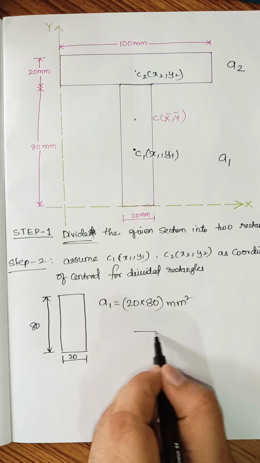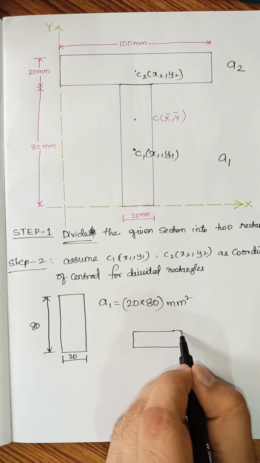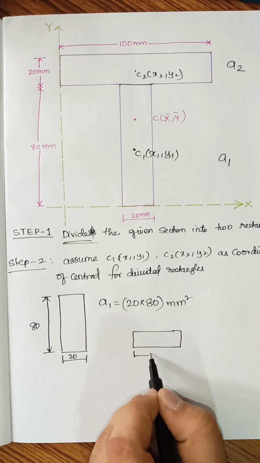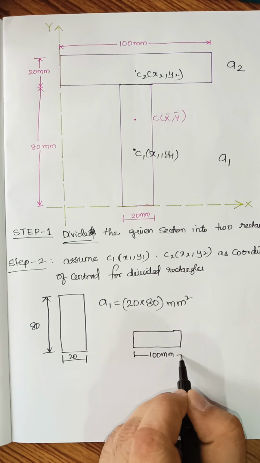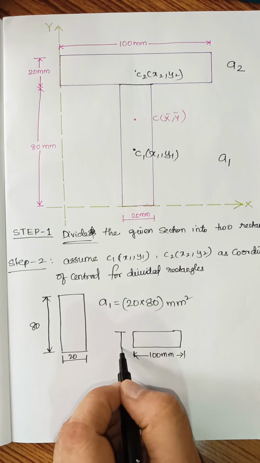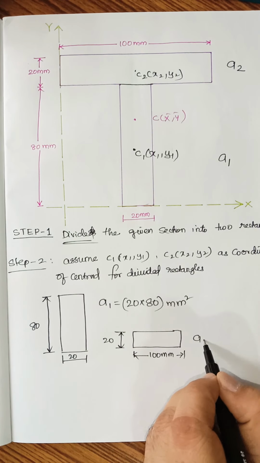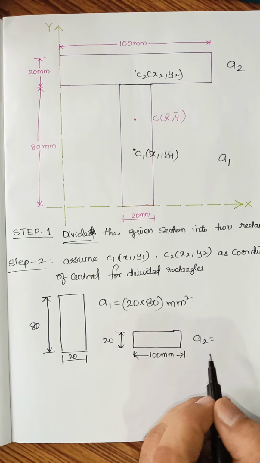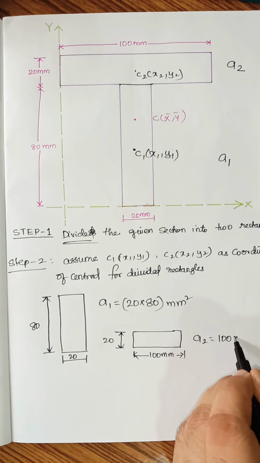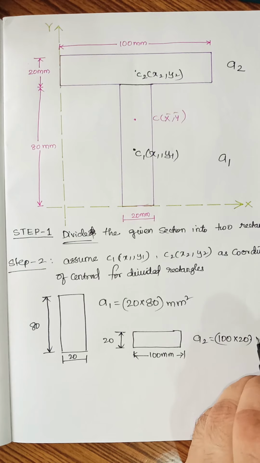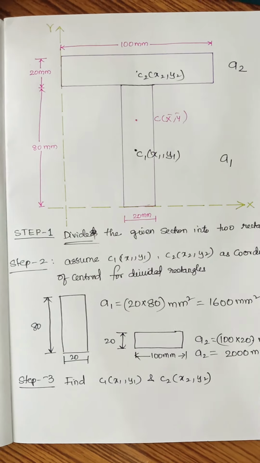Similarly, the second rectangle has a width of 100 millimeter and a depth of 20 millimeter. A2, the area of the second rectangle, is 100 multiplied by 20 millimeter square.